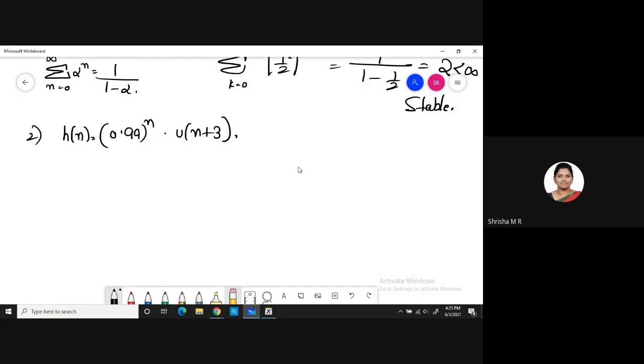So u of n plus 3 means from where to where will it exist? From minus 3 to infinity. So it will exist from minus 3 to infinity: minus 3, minus 2, minus 1, 0, 1, 2, 3, up to infinity.